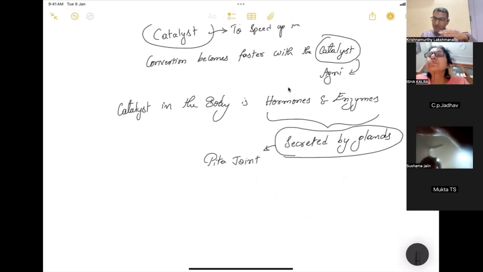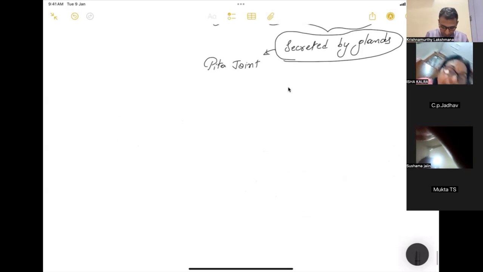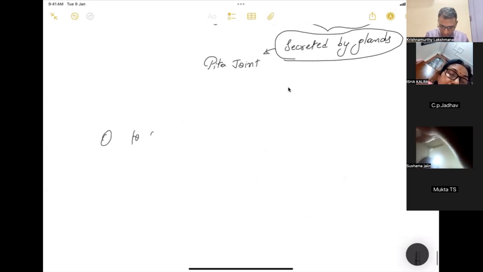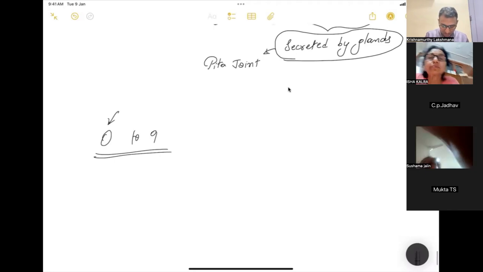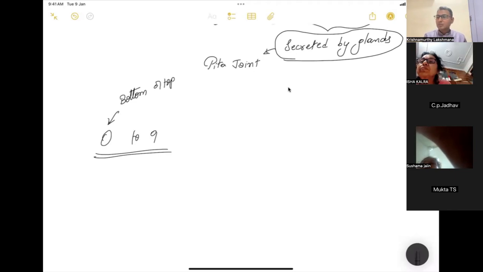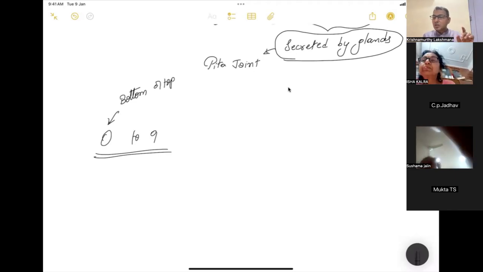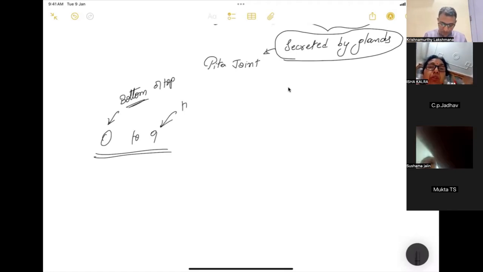So, starting from 0 to 9. Where is 0, at the bottom or top? 0 is bottom, and 9 is at the top.